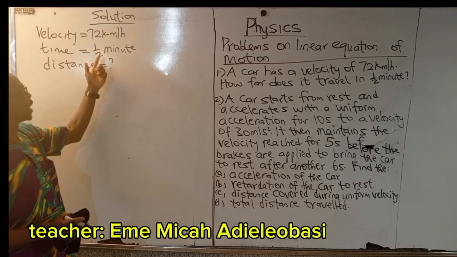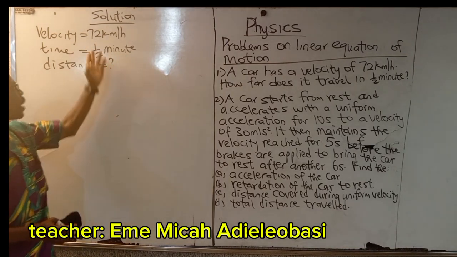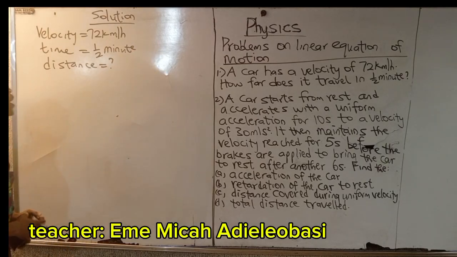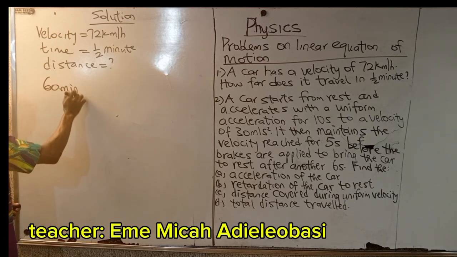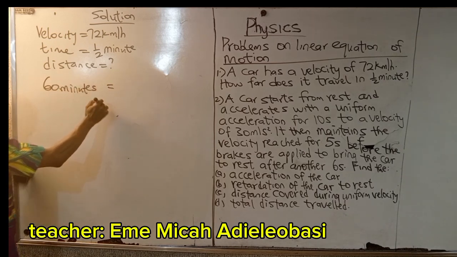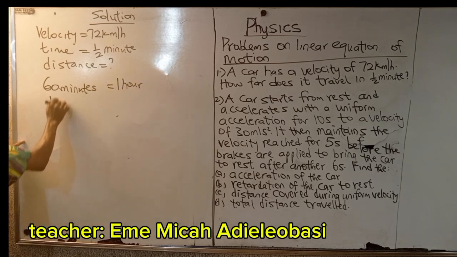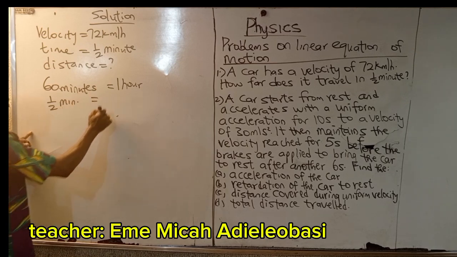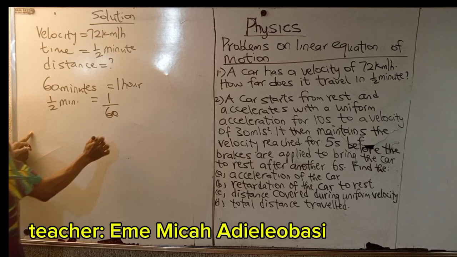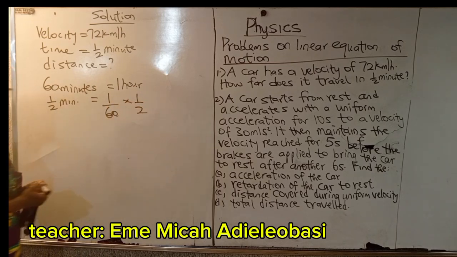So let's change our half minute to hours. If we are converting our time to hours, what do we have? We have 60 minutes is equal to 1 hour. So what will our half minute be? Half a minute will now be equal to 1 over 60 times half.